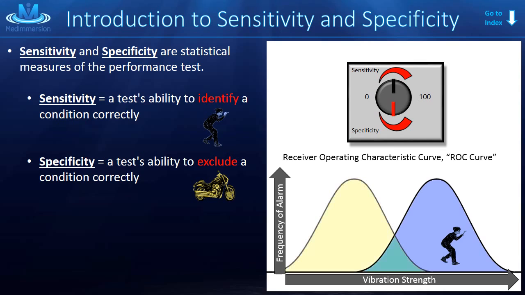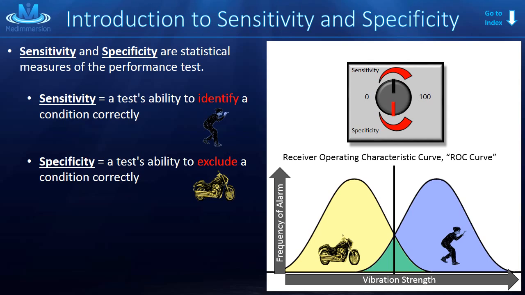The next curve represents another condition that can cause the alarm to go off, in this case the motorcycle noise. Remember, the sound of a motorcycle causes the car to shake less than someone actually shaking the car, okay? And so this black line is set at the 50-50 mark between the two conditions, just like the sensitivity specificity dial at the top of the screen.